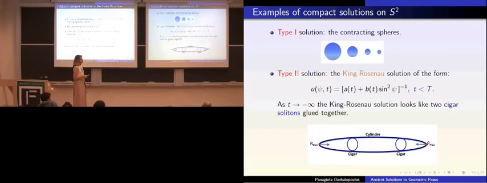And then there are type 2 solutions. We call it the King-Rosenau solution, which as metrics on the sphere are rotationally symmetric, so they just depend on one variable. And you see, U inverse is a function of time plus another function of time multiplied by the function of psi. Psi is one of the variables on the sphere. And why inverse?